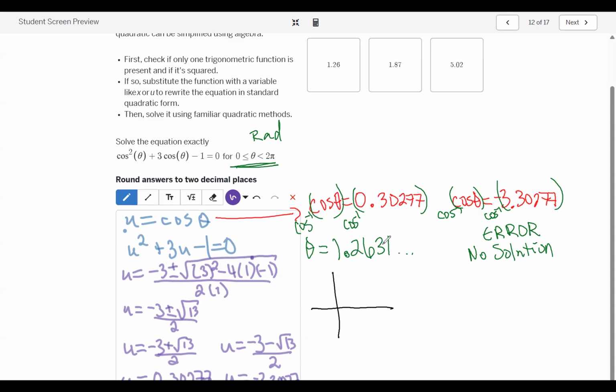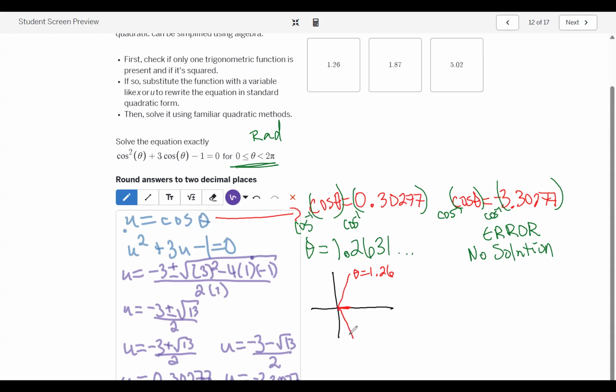So 1.26, the cosine was positive, so this is somewhere in quadrant 1. And the cosine is that 0.3, blah, blah, blah. So where else is going to have that same cosine? In what quadrant is this other angle going to be? Quadrant 4. Yep, that's the other quadrant where cosine is still positive. So that's going to be down here.